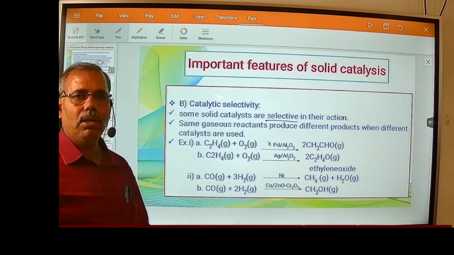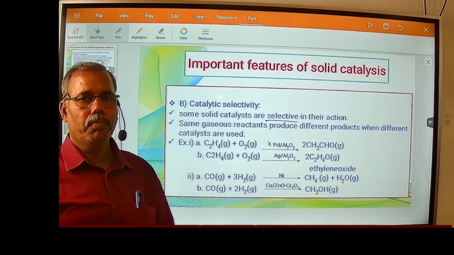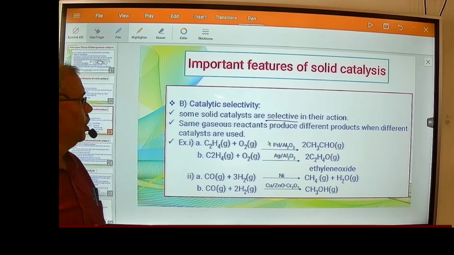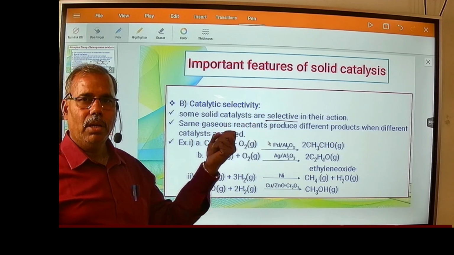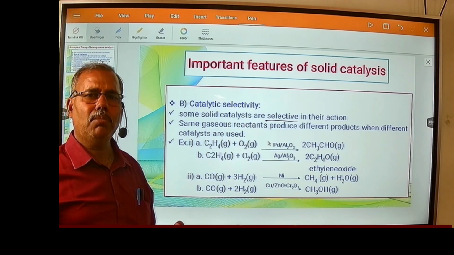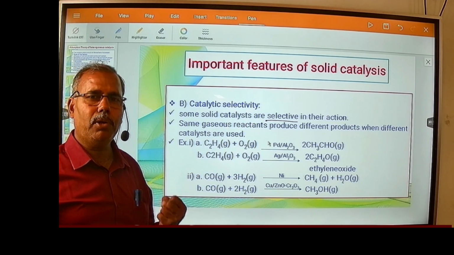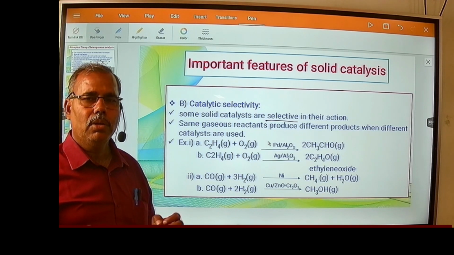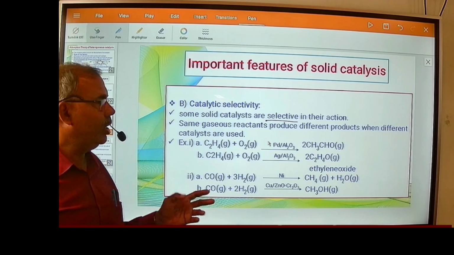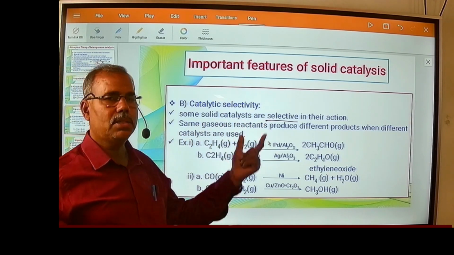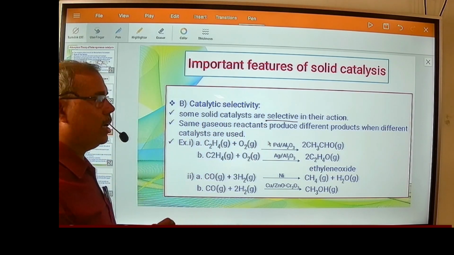So whatever the catalysts are selective, they are highly selective. That means solid catalysts, they adsorb the reactant molecules selectively. They adsorb the particular molecules only. They do not adsorb all molecules randomly, but they adsorb the selective molecules, so they are said to be selective in their action.